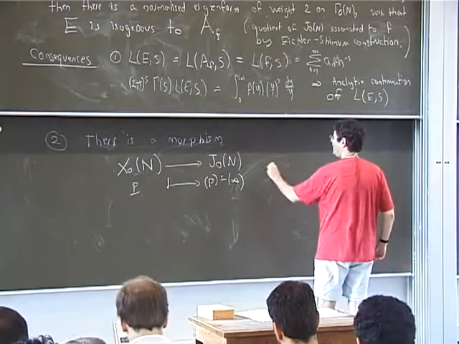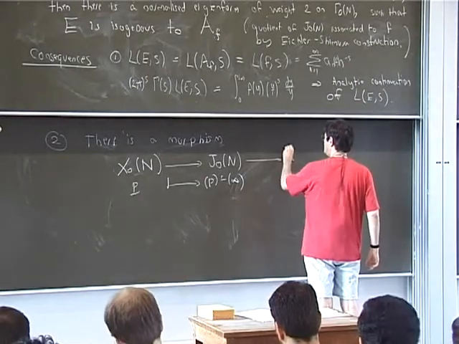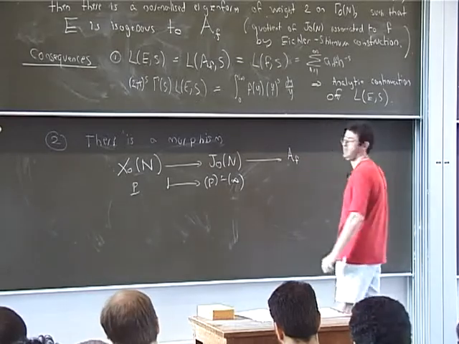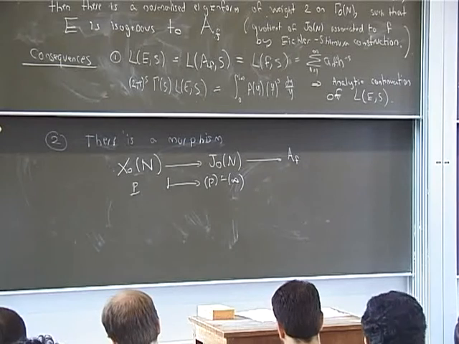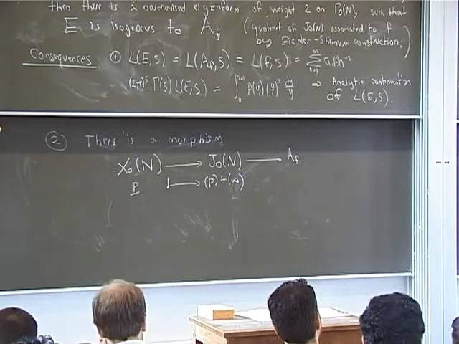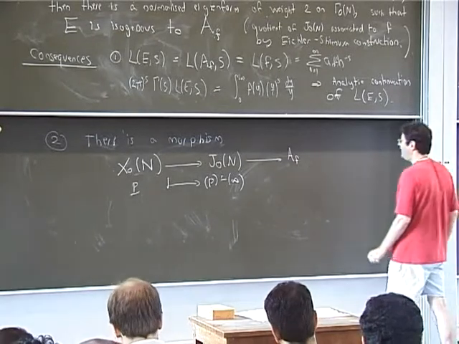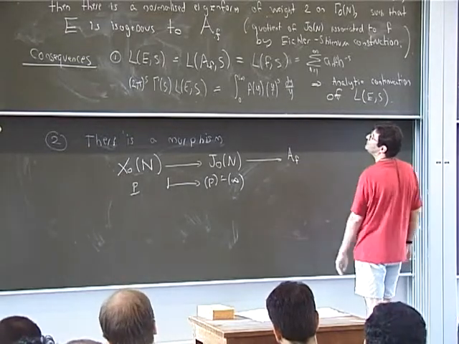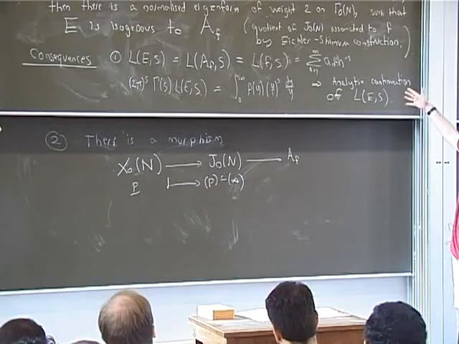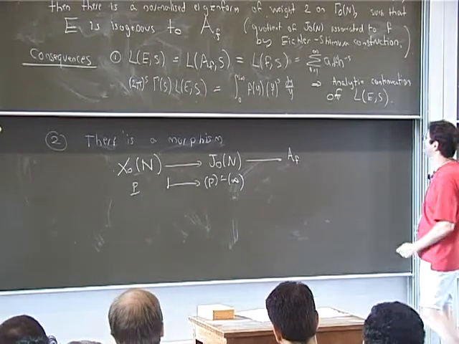And then, by construction, A sub f is a quotient of J naught of N. It's what you get by modding out by an appropriate ideal in the endomorphism ring generated by suitable Hecke operators. And then the theorem of Wiles and others is that this A sub f is isogenous to E.